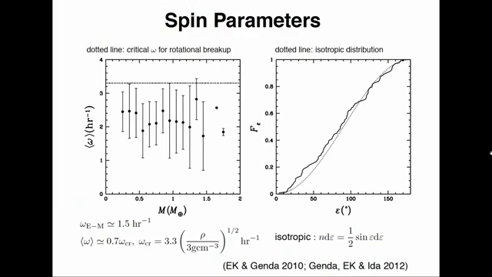This figure shows the obliquity distribution. This is obliquity, and this is the normalized cumulative distribution of obliquity. Remember, the obliquity is the inclination of the spin axis from the orbit normal, right? The Earth's obliquity is 23.4 degrees.